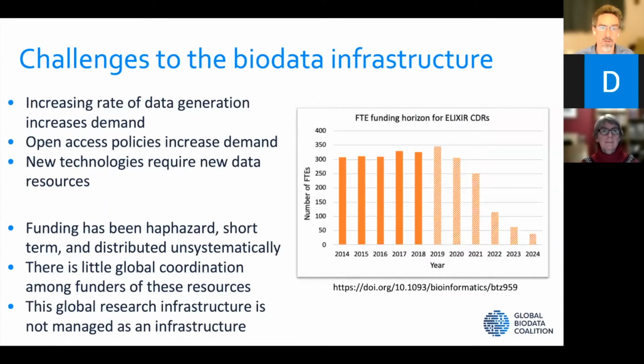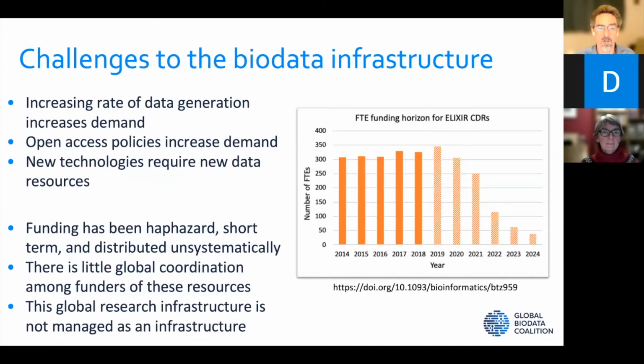Challenges to the infrastructure, I'm sure many of you are familiar with. There's more and more data being generated, which puts pressure on the storage for deposition resources. Open access policies also increase demand by putting more pressure on the resources, and new technologies create demand for new kinds of resources.